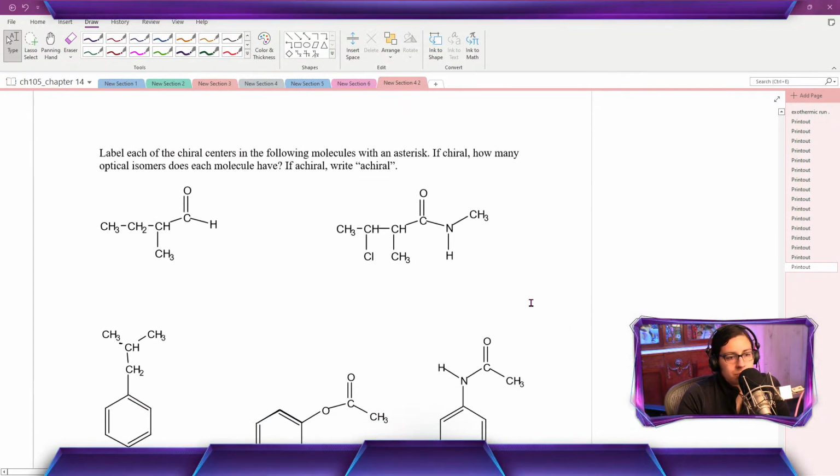So now let's look at these molecules and determine, do they have any chiral centers?